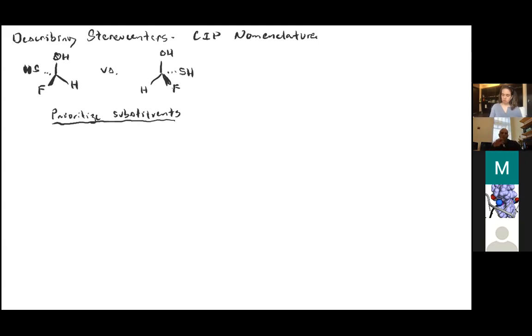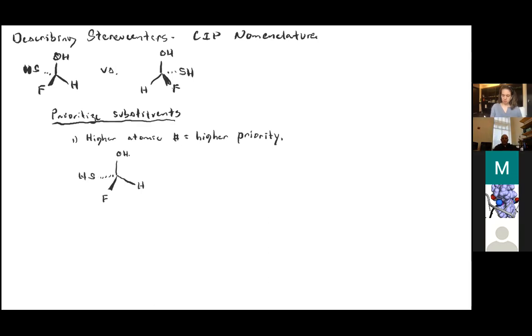And so the rules for the prioritization are not super complicated. The first thing is that atoms with the higher atomic number get higher priority. Okay.